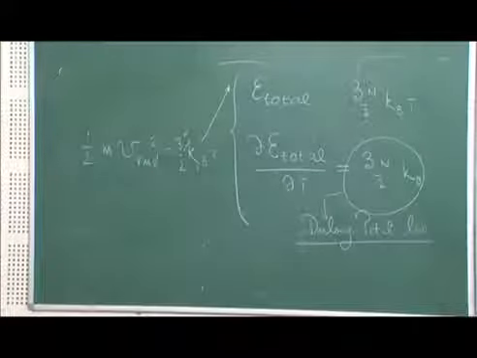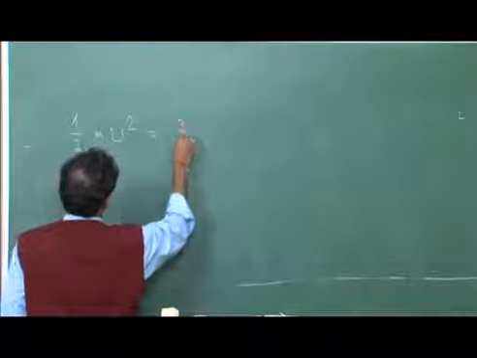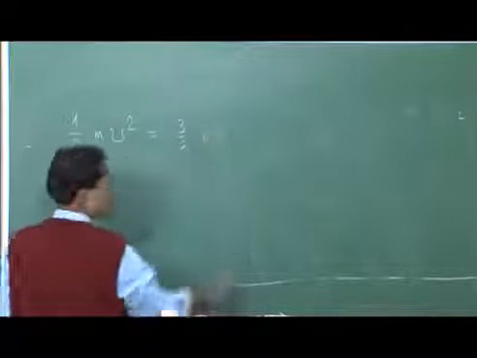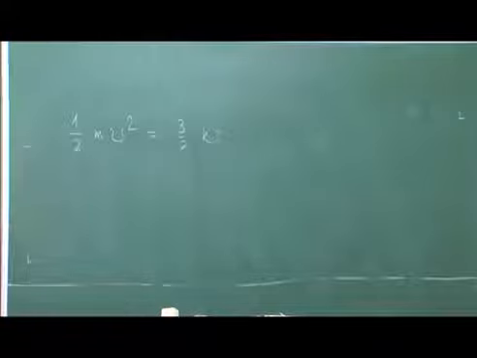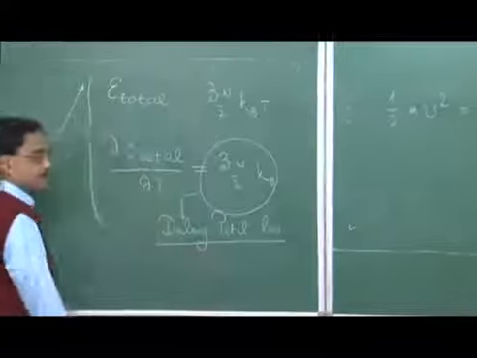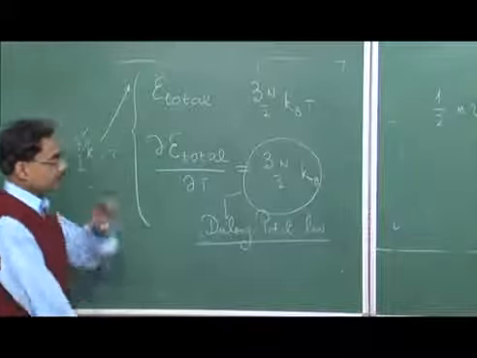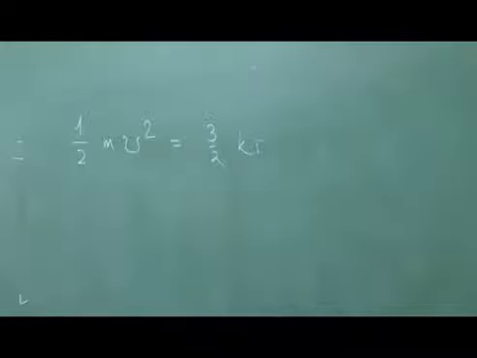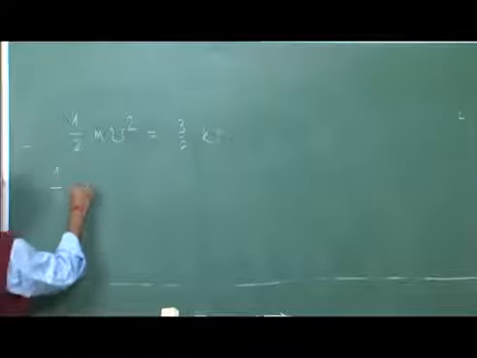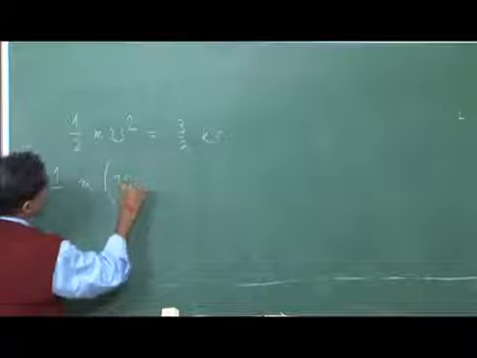The second thing is fundamentally very important. I have found that half m v square, I will not write the word RMS any longer, is equal to 3/2 kT. But whenever I talk about v square, you should interpret that I am writing RMS square. Now you see that it has 3 contributions.